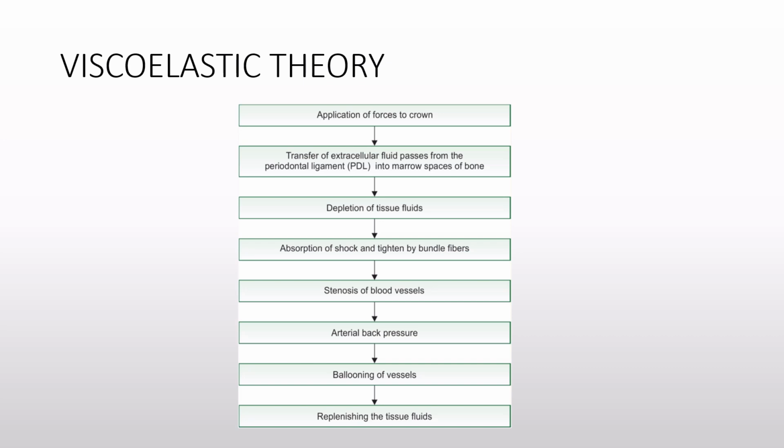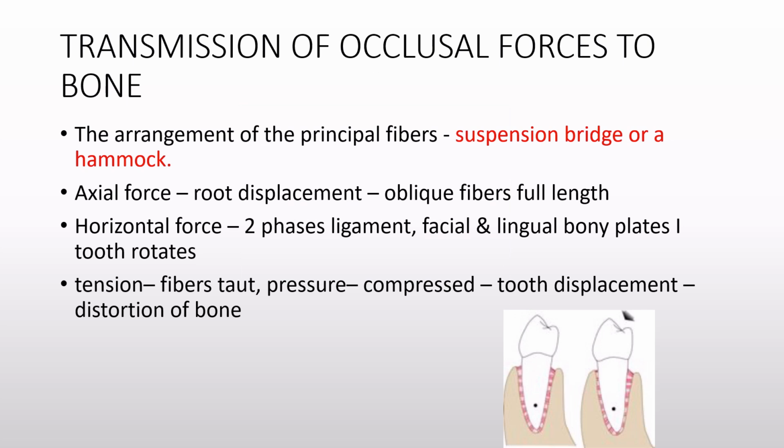After the depletion of the tissue fluids, the fiber bundles are tightened, and this leads to blood vessel stenosis. Arterial back pressure causes ballooning of the vessels and passage of blood ultrafiltrates into the tissues, thereby replenishing the tissue fluids.